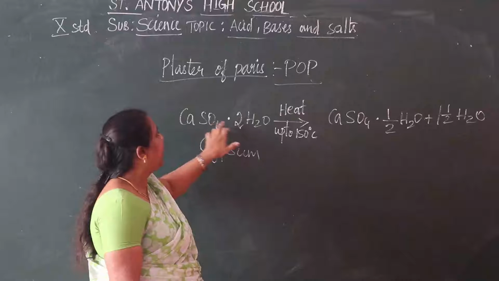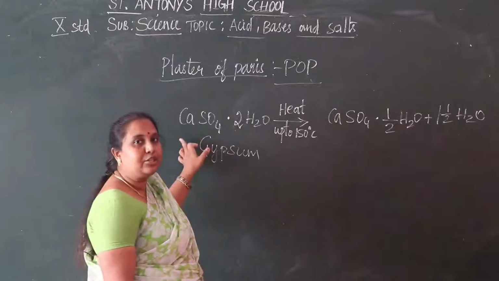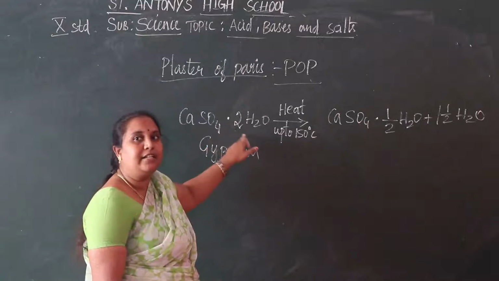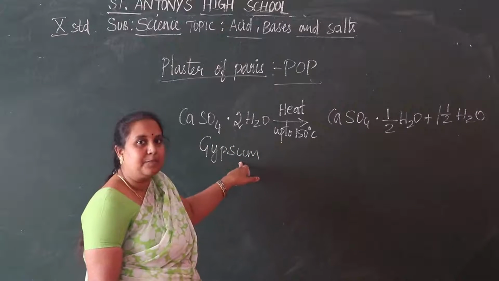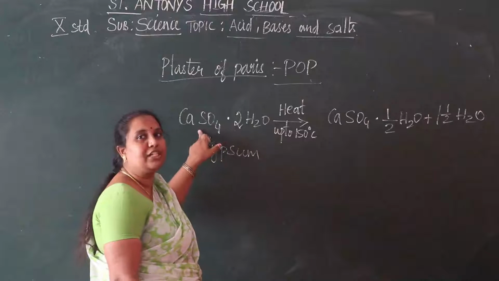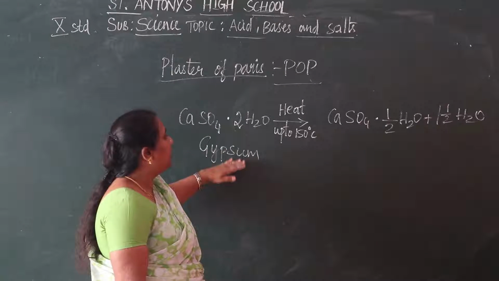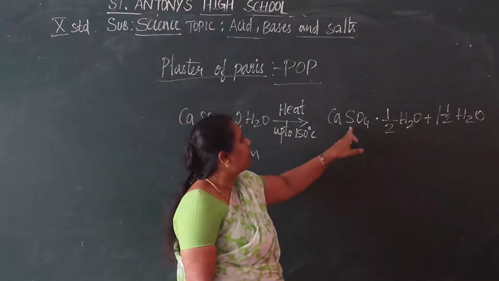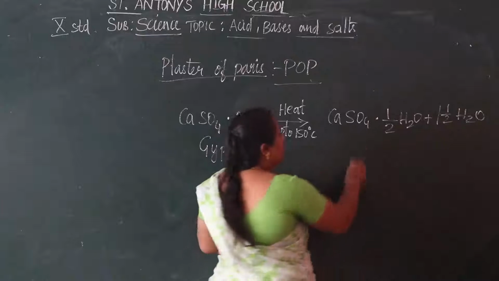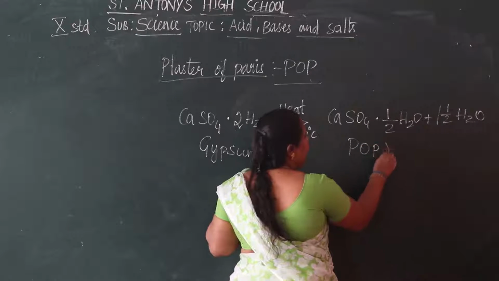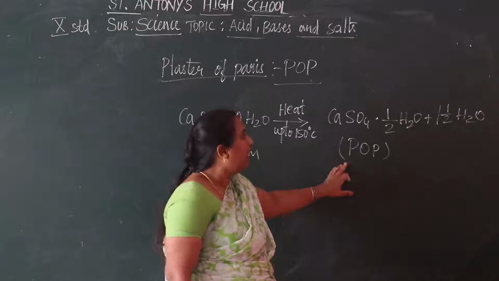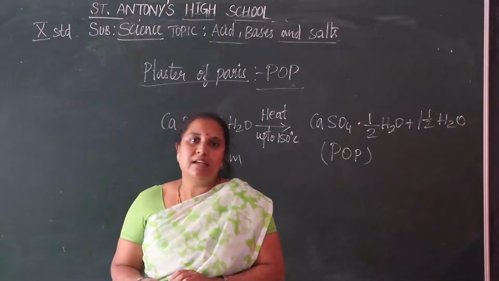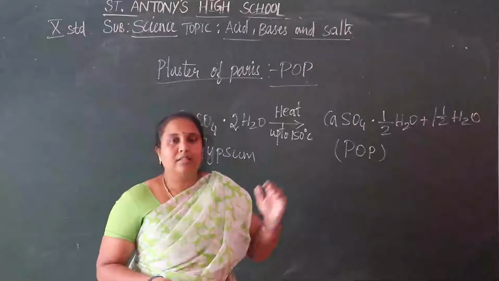Calcium sulfate dihydrate, CaSO4·2H2O, is the hydrated salt of calcium, and another name for it is gypsum. While heating this gypsum up to 150 degrees Celsius, we get calcium sulfate half H2O, which is POP, plaster of Paris, plus 1.5 H2O released.